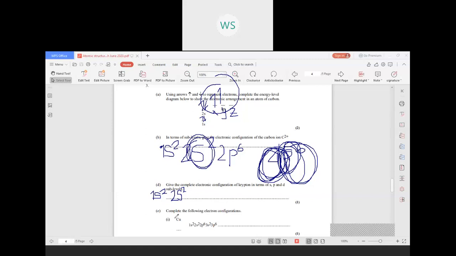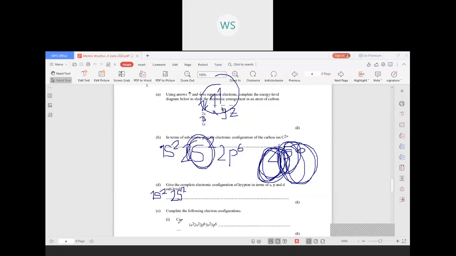This one, Nia, look at copper. Can you locate copper in the periodic table? Is copper a metal, non-metal, or transition metal? Transition.